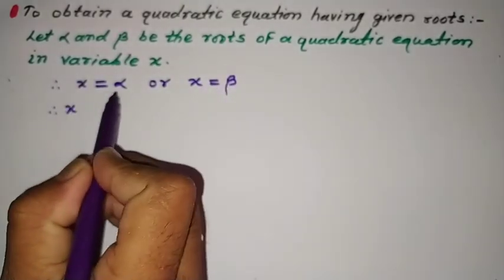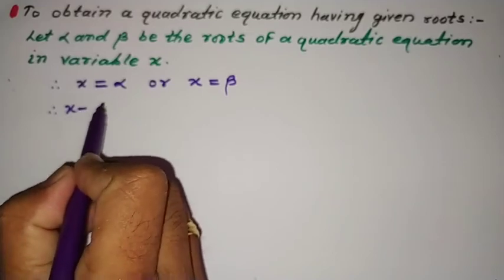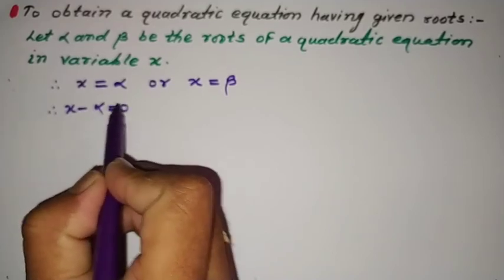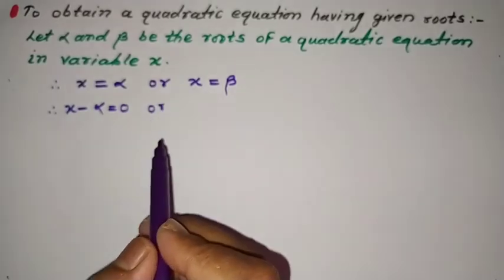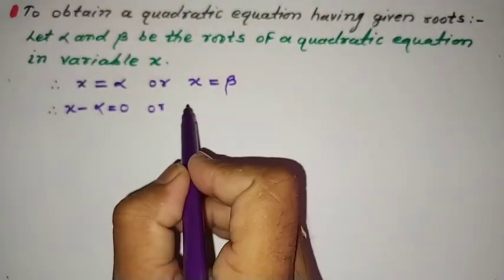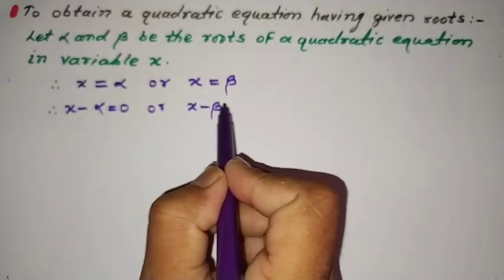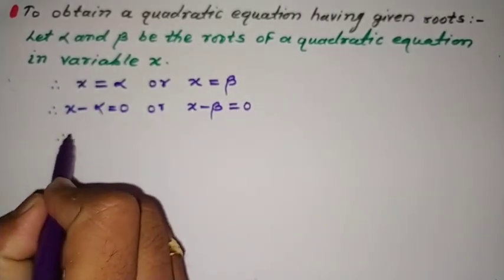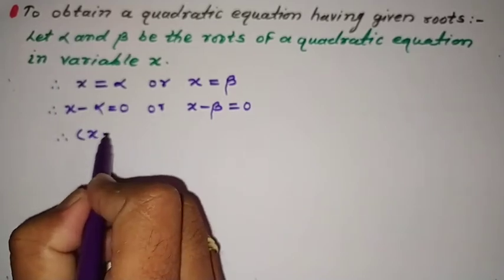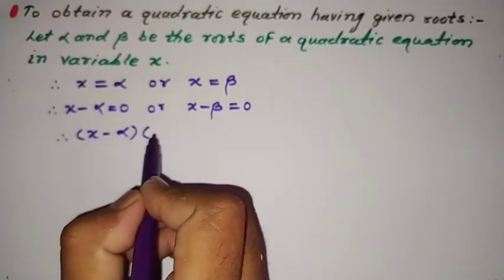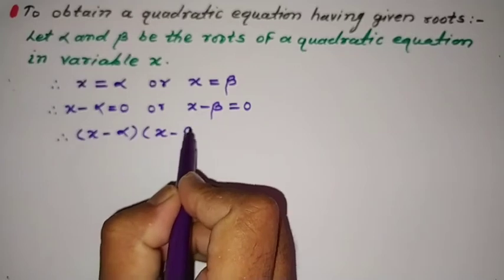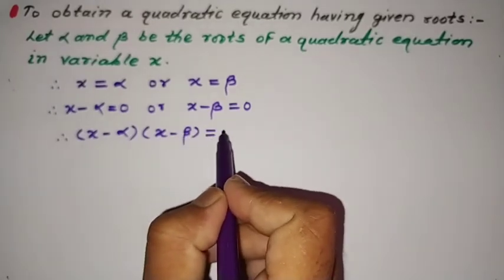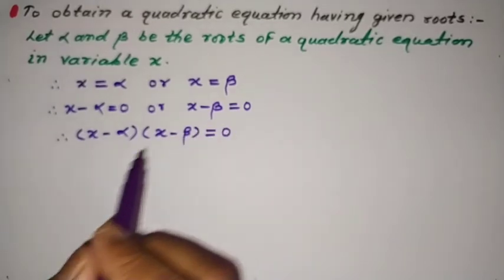Taking alpha to the left side, x minus alpha is equal to 0 or x minus beta is equal to 0. Therefore, x minus alpha in one bracket and x minus beta in the second bracket is equal to 0.